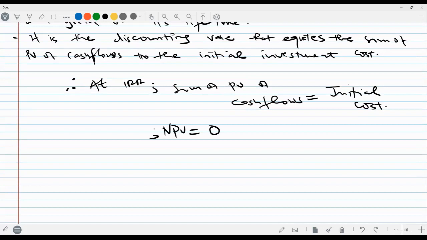Now, how do we appraise the project? We have obtained the IRR, but how do we make a decision as to how we are going to appraise this investment? We make a comparison. IRR is the internal rate of return. Whoever is financing you, what is the minimum return they are expecting?